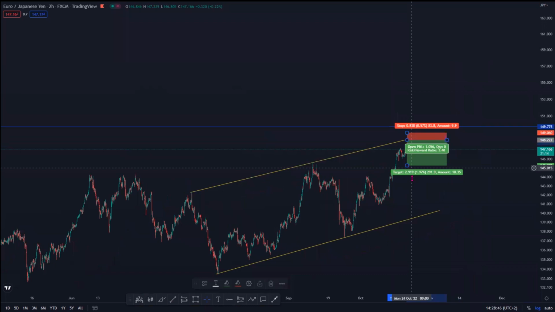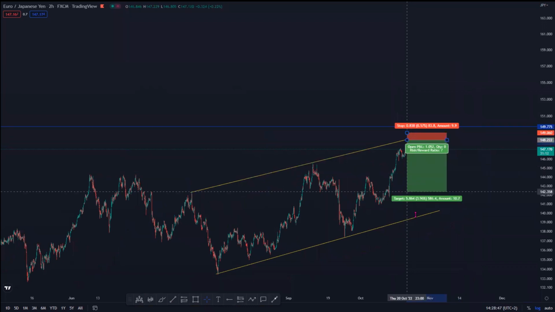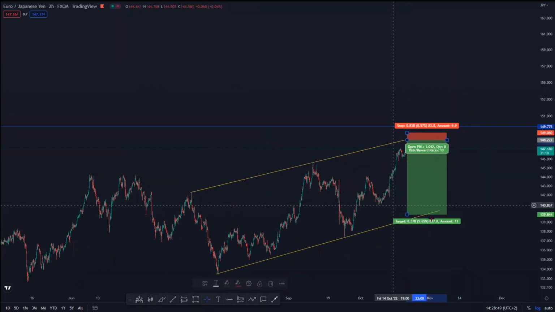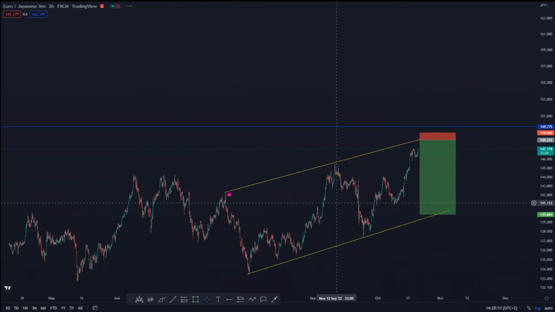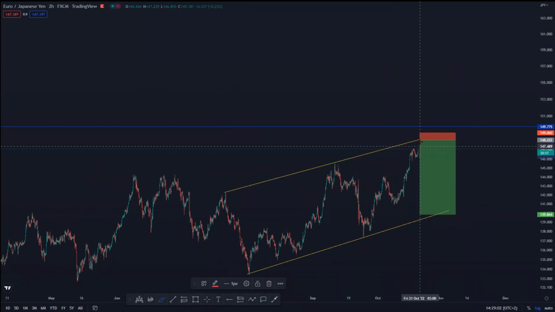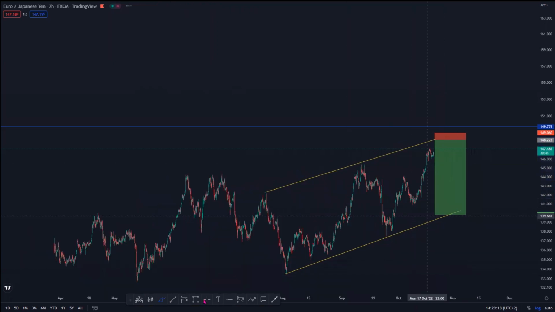So our take profit will be around the zones down here. So we will be having 1, 2, and 3 touches. Then we should do a correction. Then yeah, we move to the downside. So yeah, let's be patient and wait for this one.